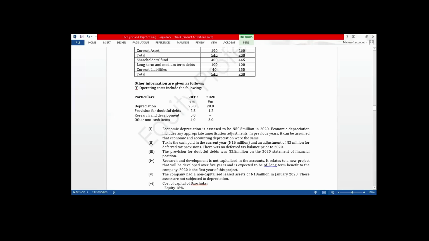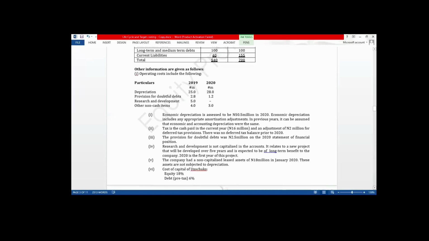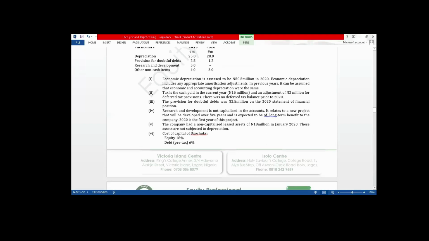Next, the cost of capital of Uzochukwu is equity 18%, debt pre-tax 6%.